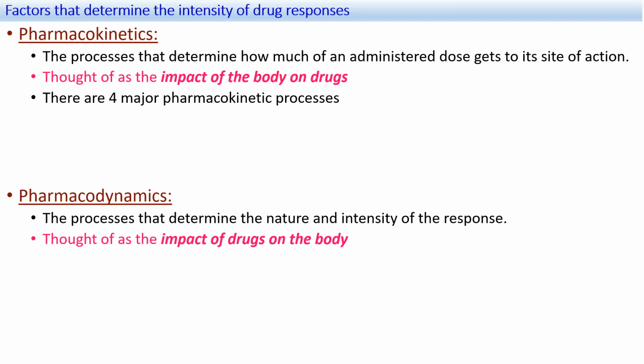Look at it as kinetics in terms of absorption, distribution, metabolism, excretion. So pharmacokinetics includes the four main processes: drug absorption, drug distribution, drug metabolism, and drug excretion. However, pharmacodynamics is the process that determines the nature and intensity of the response.